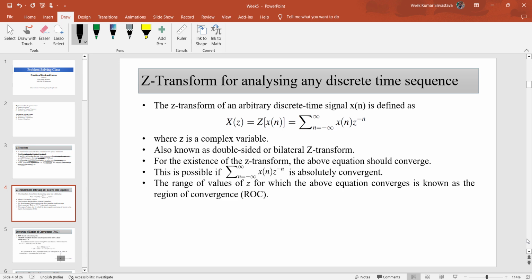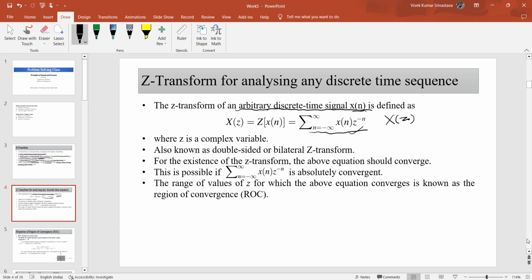Suppose an arbitrary discrete time sequence, say x of n, is given to you. For evaluating the Z transform of this sequence, we use a mathematical expression for converting the discrete time sequence into the corresponding Z domain.